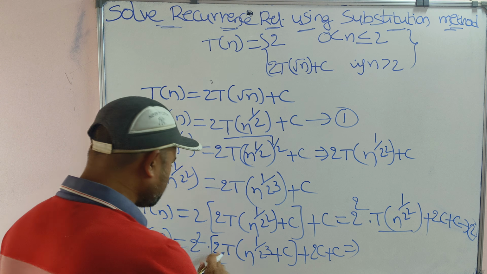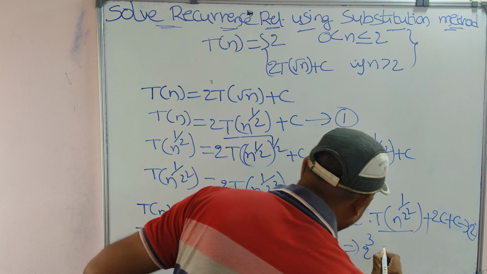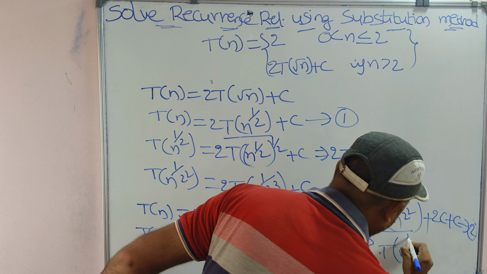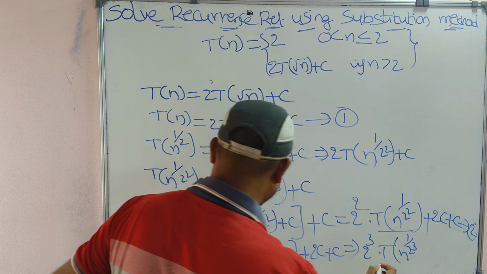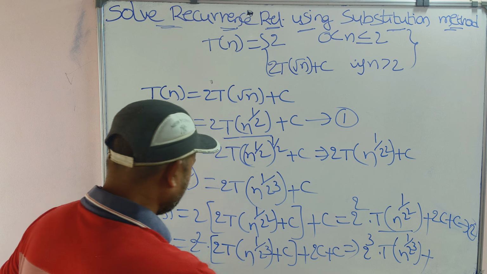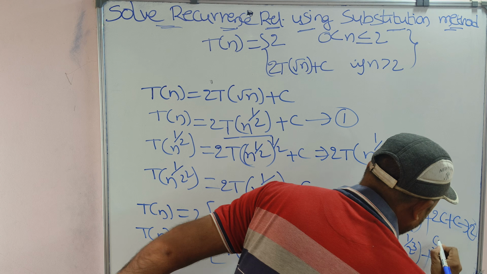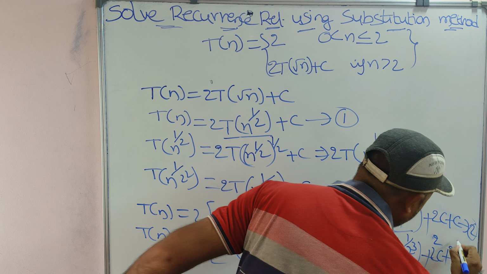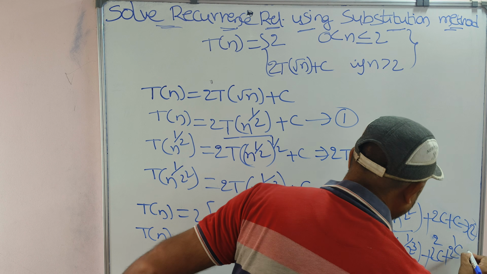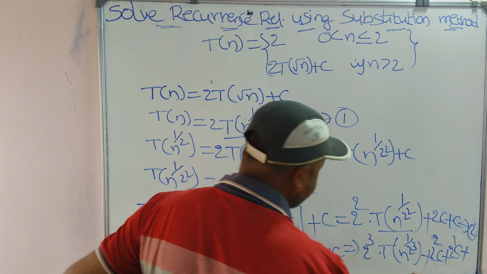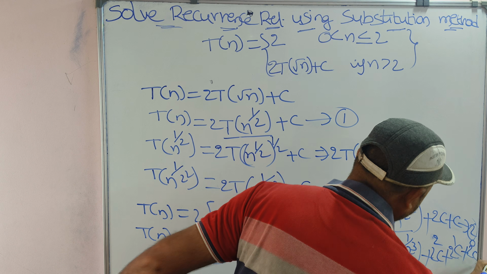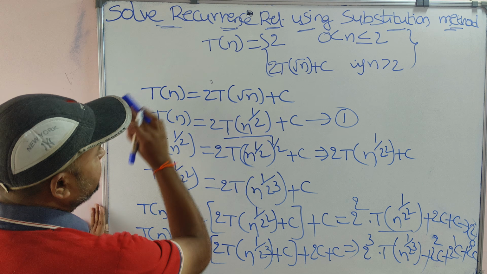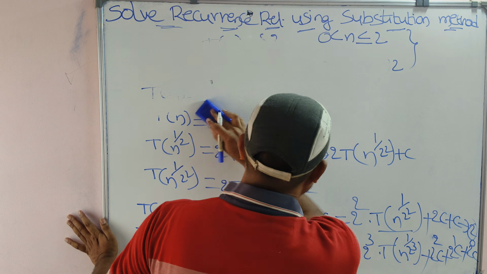So we can write this as 2 square into 2 means 2 cube into T of n power 1 by 2 cube plus 2 square into c plus, we can write 2 as 2 power 1 into c plus, we can write this c as 2 power 0 into c. 2 power 0 is nothing but 1, so 1 into c. For space constraints, I am erasing this portion.